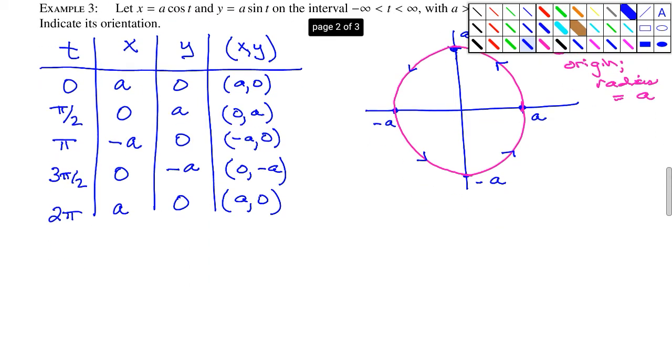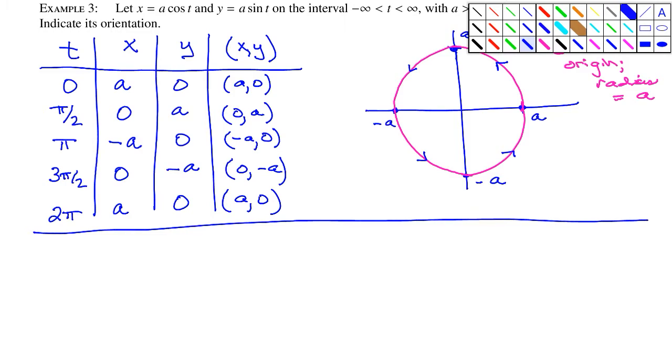Let's go ahead and convert this into rectangular so that you can see what that looks like. So when dealing with sine and cosine, one thing that you can try is to square both the x and the y and add them together and see what happens here. So I'm going to start with x squared plus y squared.